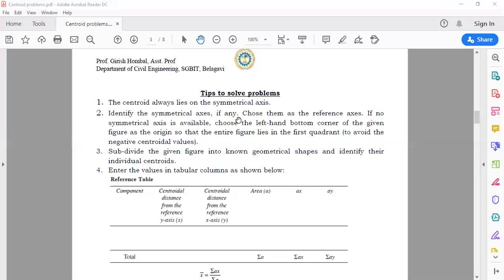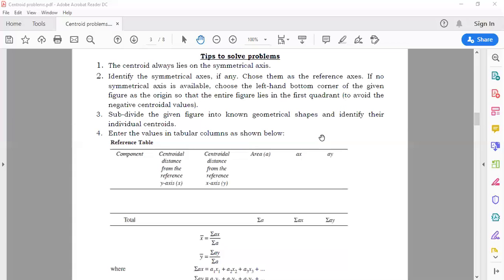So we need to identify if it has any symmetrical axis. If it has, then we are supposed to treat it as the reference axis, and if no symmetrical axis is available, then you are supposed to choose the reference x-axis and y-axis and the origin so that the entire figure lies in the first quadrant. Okay, and we can solve for the centroid.